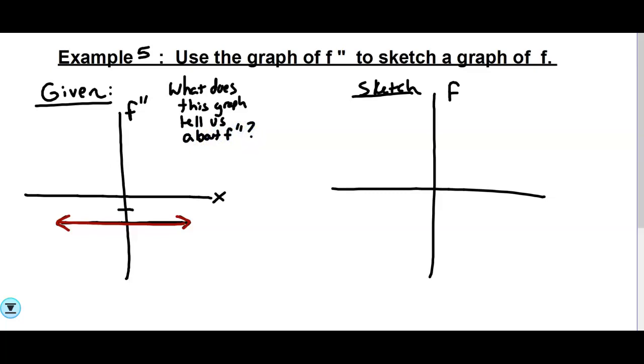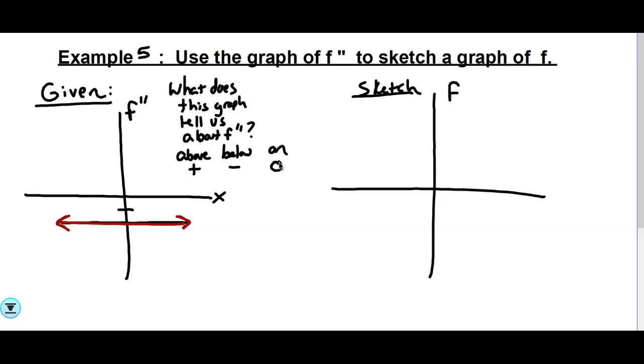And the question is the same as last time, okay? Above means positive, below the x-axis means negative, and on the x-axis means 0. So what do we know about f double prime when looking at this graph?